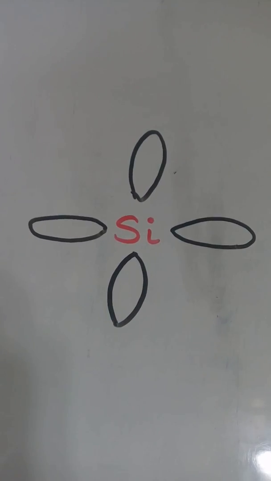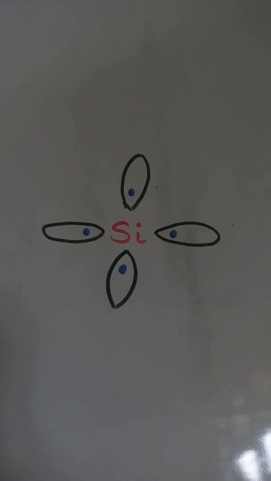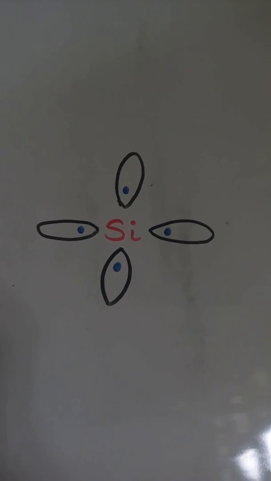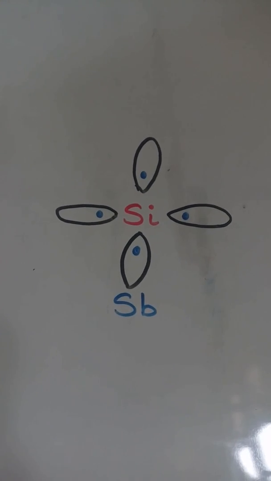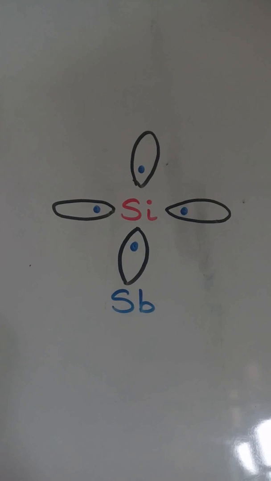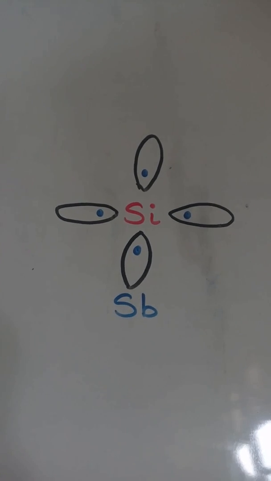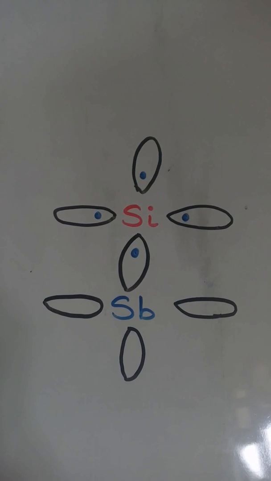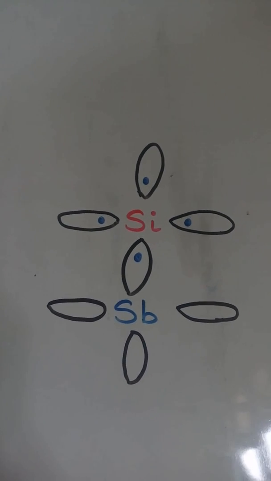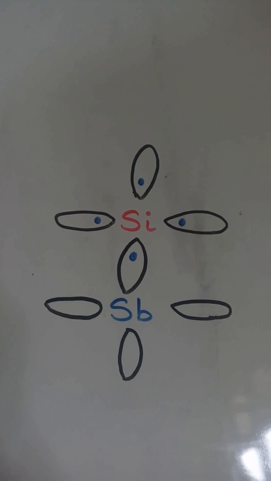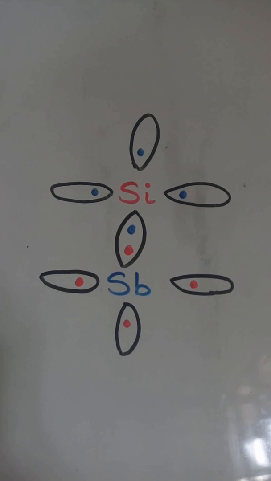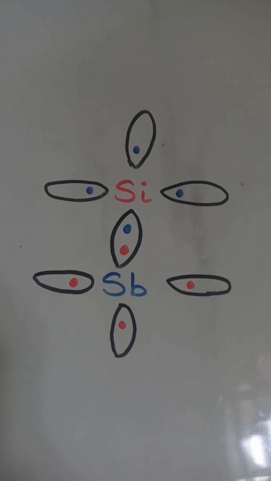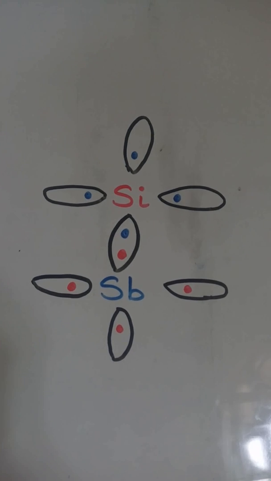Pure semiconductors such as silicon have 4 electrons in their outermost shell, which undergo covalent bonding with a pentavalent atom such as antimony, which has 5 electrons in its outermost shell. 4 electrons of antimony undergo covalent bonding with silicon atoms.